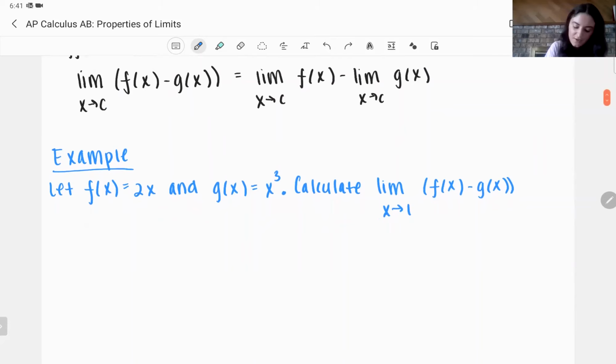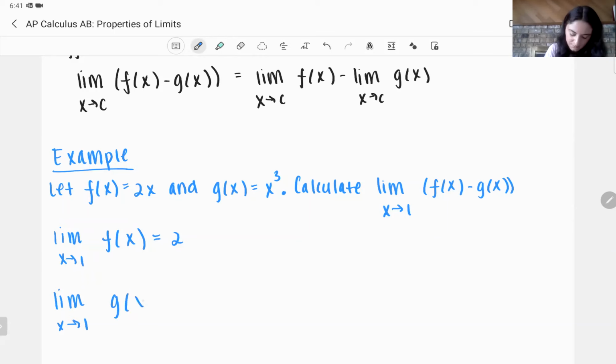Okay, so let's start by calculating the limit as x approaches 1 of f of x. And f of x is 2x, so the limit as x approaches 1 is going to be 2. Now we're also going to calculate the limit as x approaches 1 of g of x.